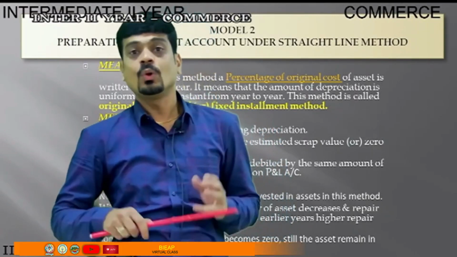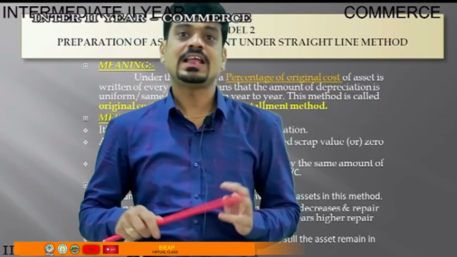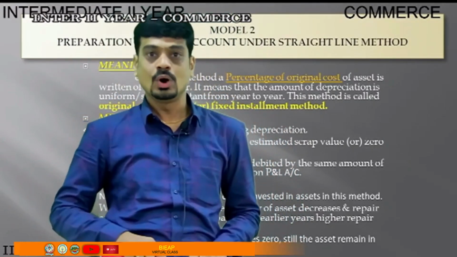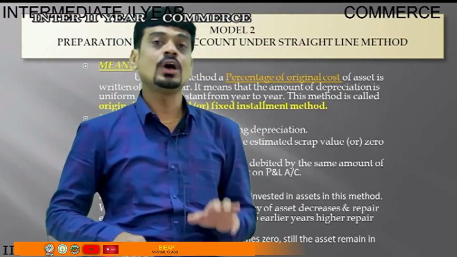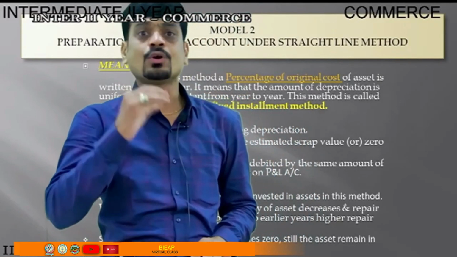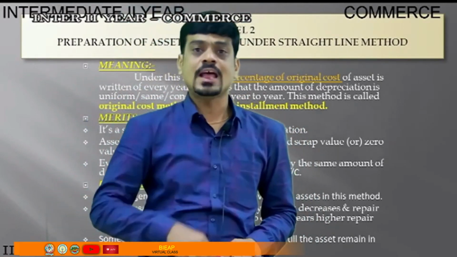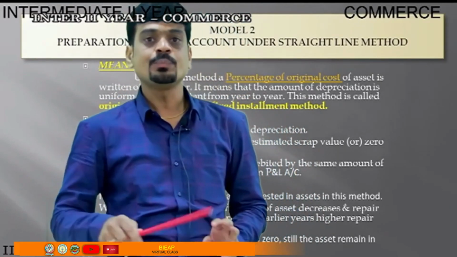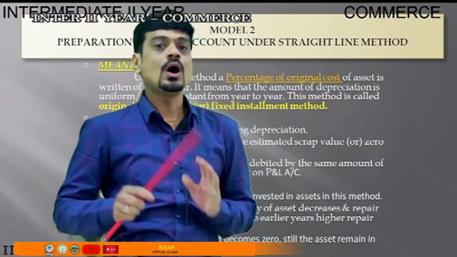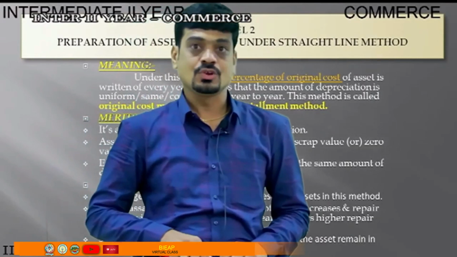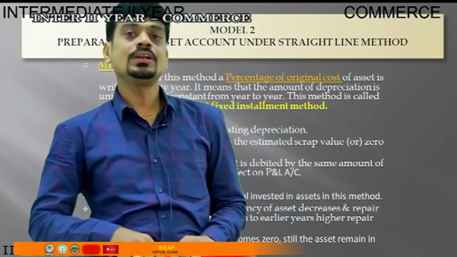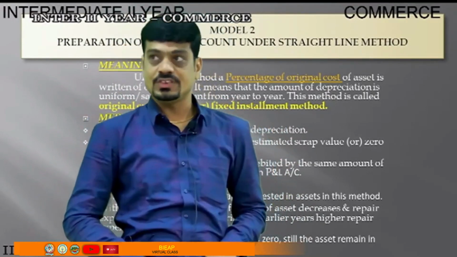Then we saw the causes for depreciation, like use of asset, passage of time, effects of time and so on. And then we saw the three major factors of depreciation: cost of asset, scrap value, and the useful life of asset. And there we saw how to calculate depreciation also, along with different methods of charging depreciation.